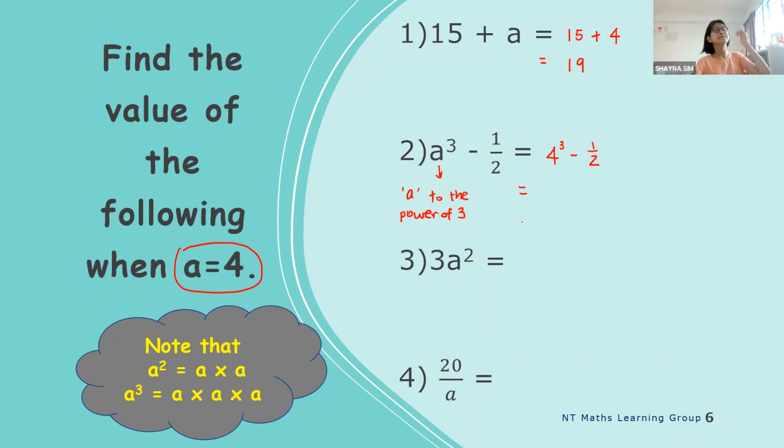Now, we could work out 4 to the power of 3 using a calculator, or if you are able to multiply it mentally, do so as well. Anyone has difficulty using the calculator to come up with 4 to the power of 3?